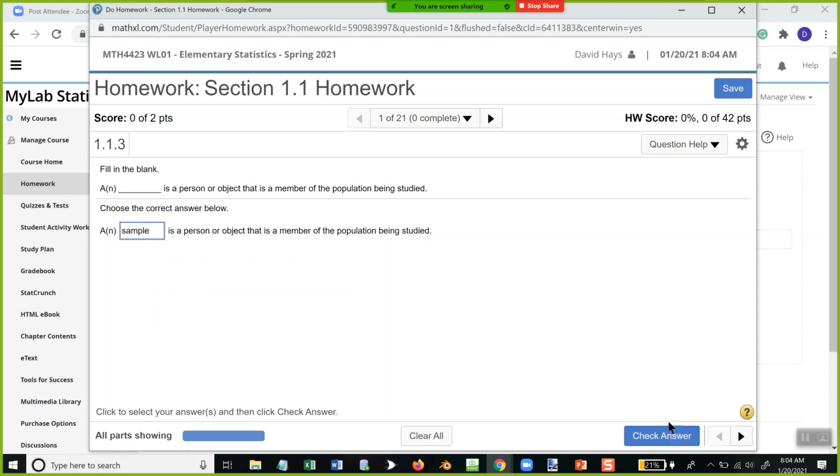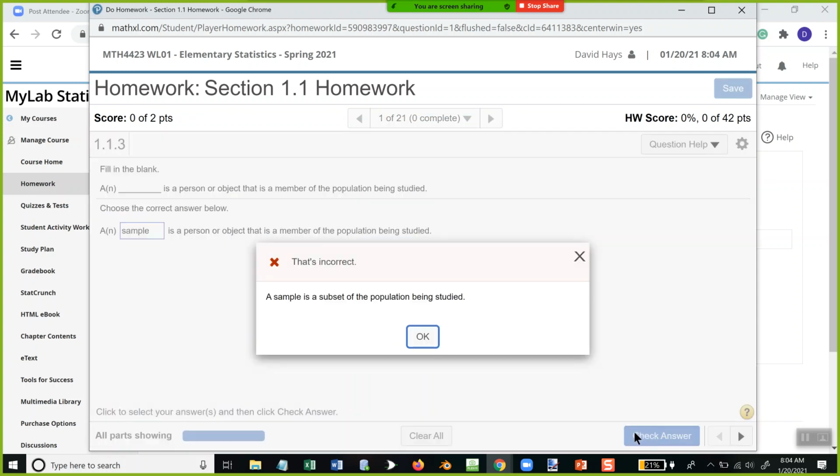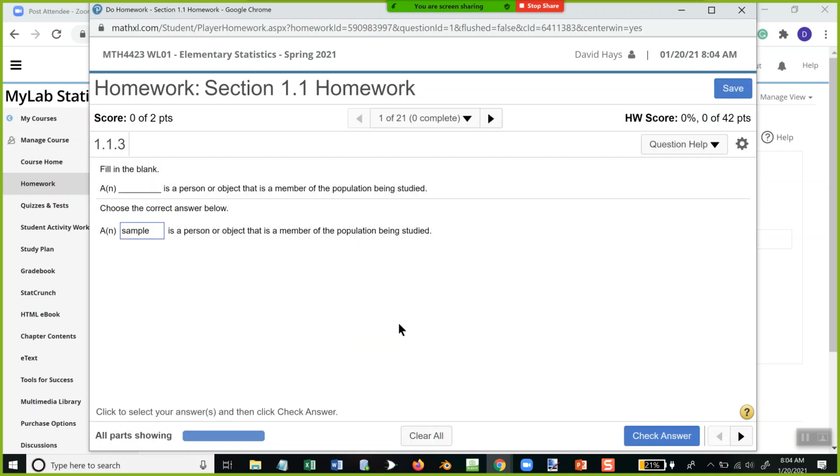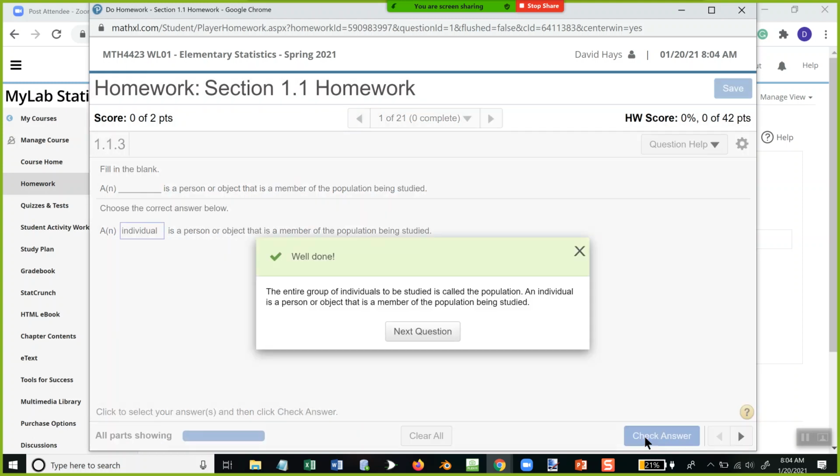Sample. And then I click check answer. It'll tell you if you got it wrong. I don't know how many attempts it gives you on these. Probably 2 for this type, if I had to guess. When you get it right, it says well done. So you can click next question.